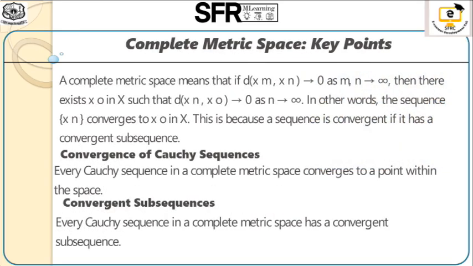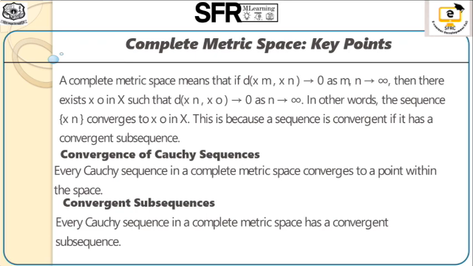Let us see some of the key points for complete metric space. The mathematical definition is: if D of xm comma xn tends to 0 as m, n tend to infinity, then there exists x naught in X such that D of xn comma x naught tends to 0 as n tends to infinity.